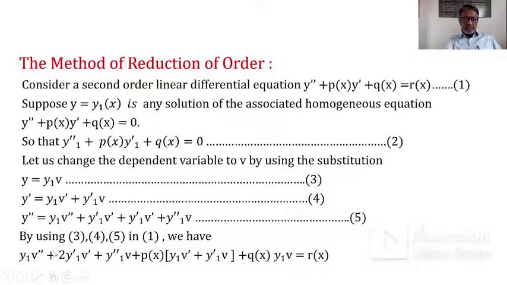By using 3, 4, 5 in 1, we substitute: y'' is y1 v'' + 2 y1' v' + y1'' v, plus p(x) times y' which is y1 v' + y1' v, plus q(x) times y which is y1 v, is equal to r(x). We only substitute this in equation 1 from 3, 4 and 5. Now rearrange this equation.